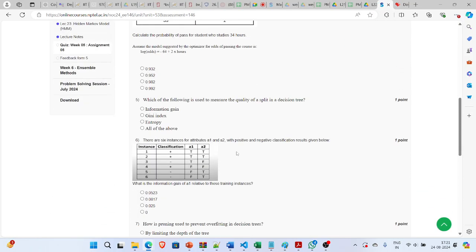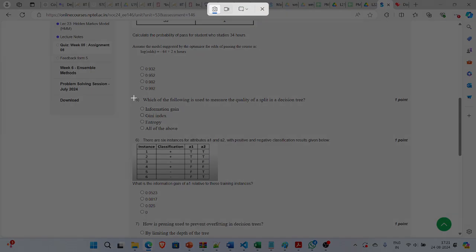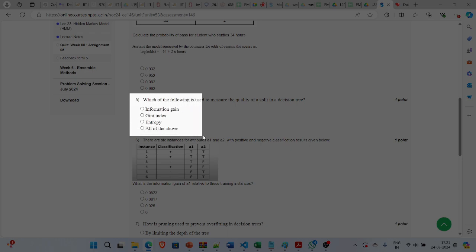So this is the question. How do you determine the quality of a split? Let me make a slide out of this.